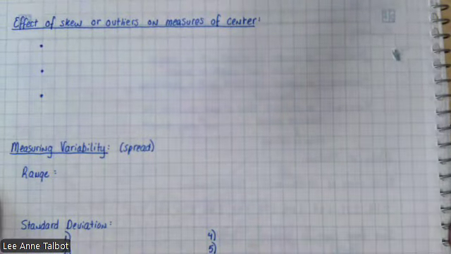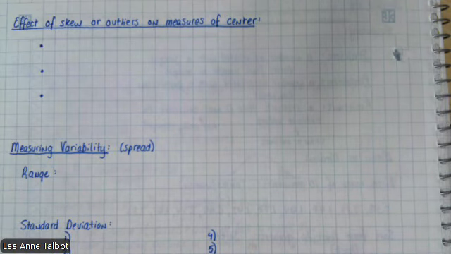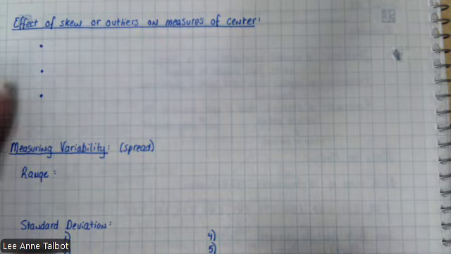Effect of skew or outliers on measure of center. Okay, so these are the rules that you want to follow on which one to choose.